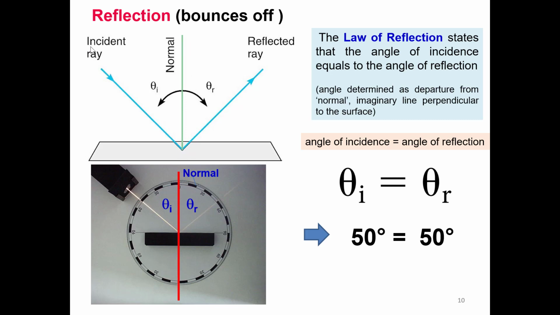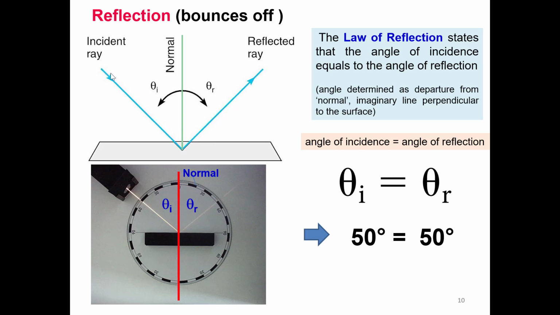Then we have the incident ray, the incoming light, the reflected ray, the outgoing light, and the normal, the imaginary line that is always perpendicular to the surface. And why do we need to define the normal? Because we will define two important angles using the normal line.